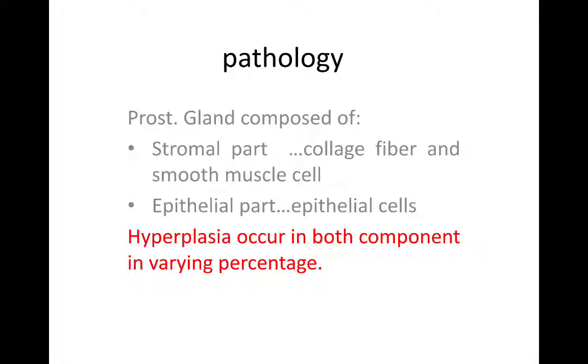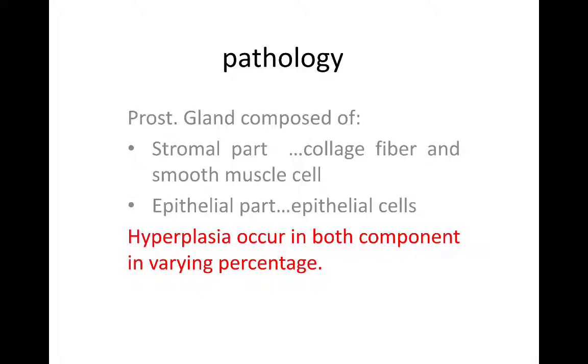When the main process of hyperplasia occurs in the stromal part, the patient responds more to alpha adrenergic receptor blockers. Why? Because the mechanism of action of this drug depends on the relaxation of the muscle, and because the hyperplasia occurs mainly in the smooth muscle cells and collagen fiber, the patient's response is good to the alpha adrenergic blocker.